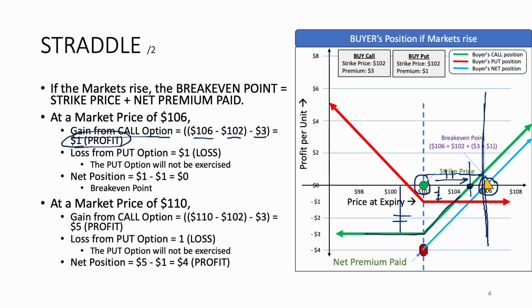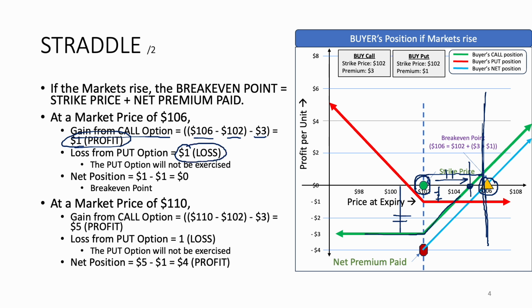Now, since the markets are at $106, which is greater than the $102 strike price, the put option will not be exercised, because a put option requires the markets to fall. Since the put option will not be exercised, the investor loses the premium for the put option, which is $1, a loss of $1 per unit.